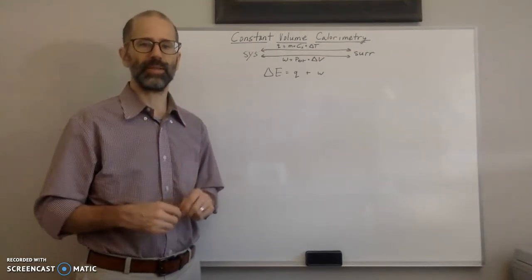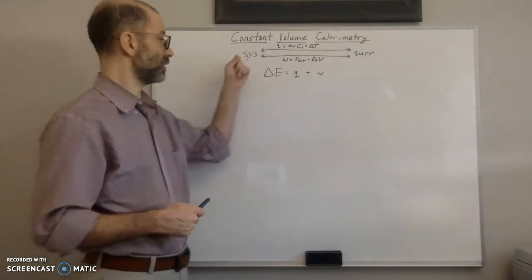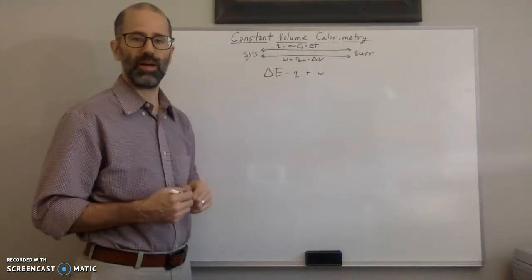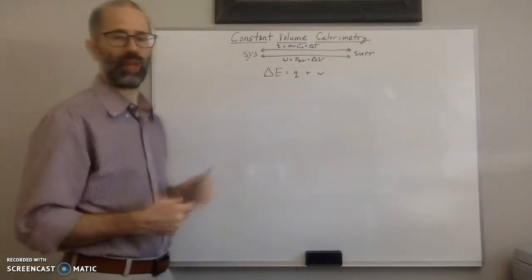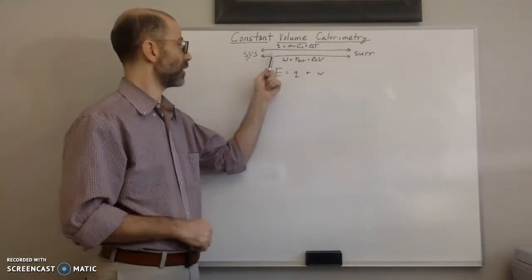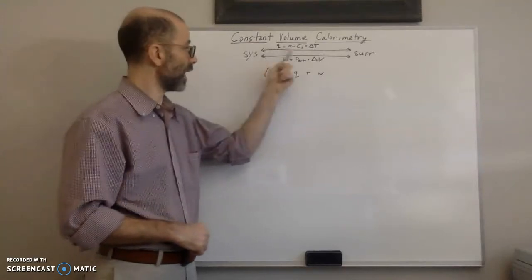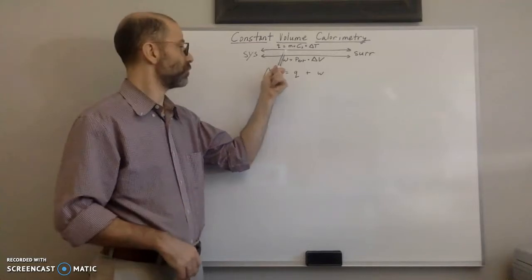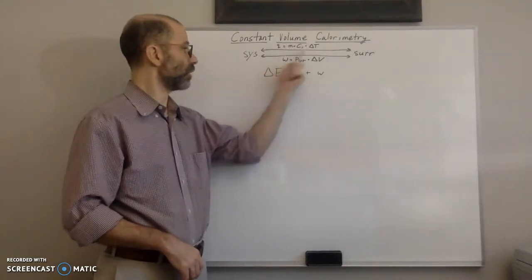What do we mean by constant volume calorimetry? Well, it goes back to the system-surroundings relationship. In previous videos, we went over this idea of an exchange between the system and the surroundings. It could be an exchange of heat, which is represented by Q. And so we could calculate the amount of heat exchanged between the system and the surroundings by using this equation here.